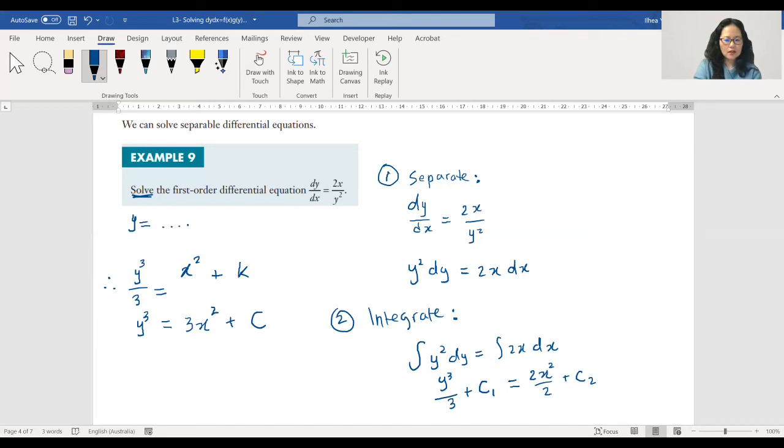And then, therefore y equals the cubic root of 3x squared plus C. That's my original equation there. Step 3 here is making y the subject. Okay, so that's 3 steps to go through.